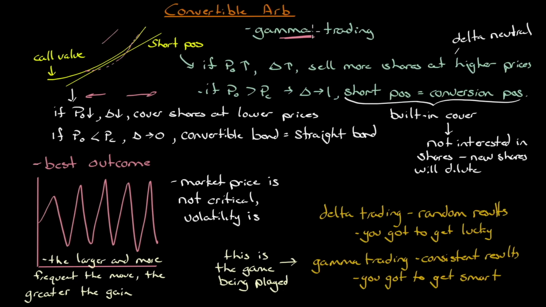It's a directional trade. Either you have positive delta and you want the price to go up, or you have negative delta and you want the price to go down. Gamma trading is you just want the delta to change. You don't really care if it goes up or goes down. You're agnostic about the price move. What you want is a price move, and a significant price move.